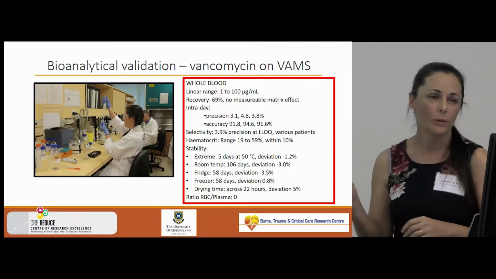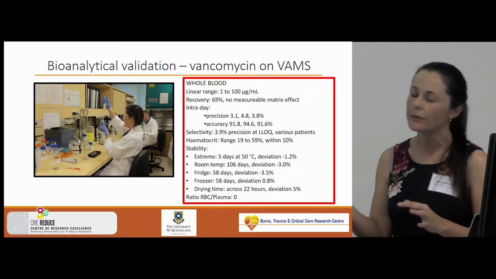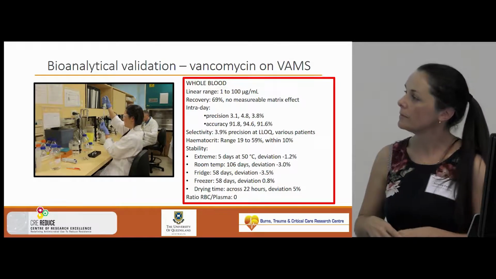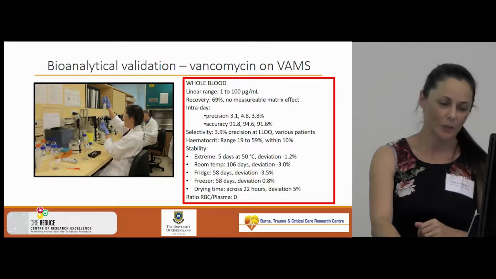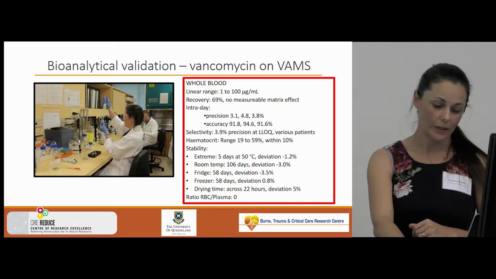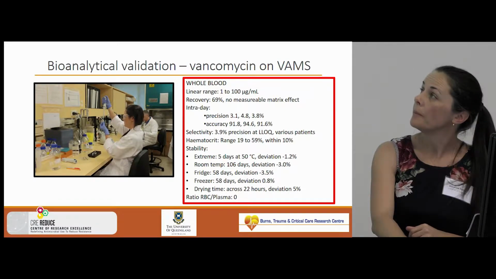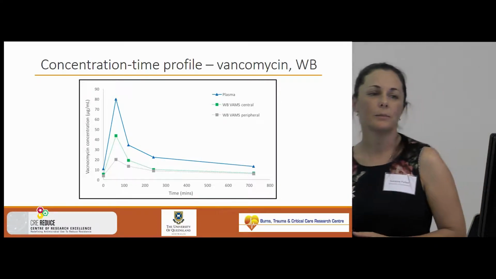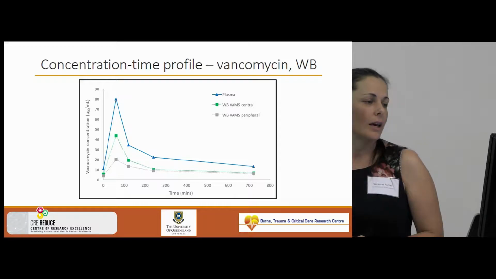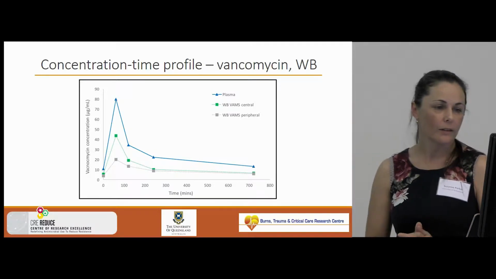It was at this stage that we moved away from dry plasma spots for vancomycin. And we also checked our ratio of red blood cells to plasma and found it was indeed in the plasma layer.